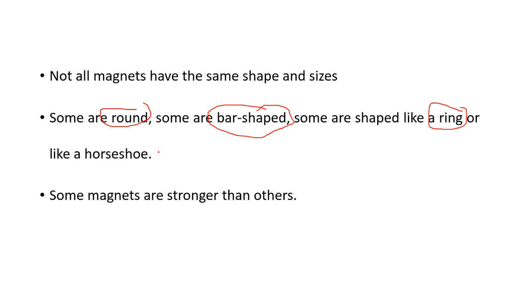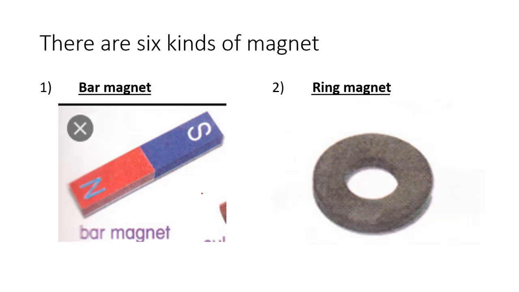The other thing you have to know is that some magnets are stronger while others are weak. We'll find out which magnets are stronger and which ones are weak as we go along.